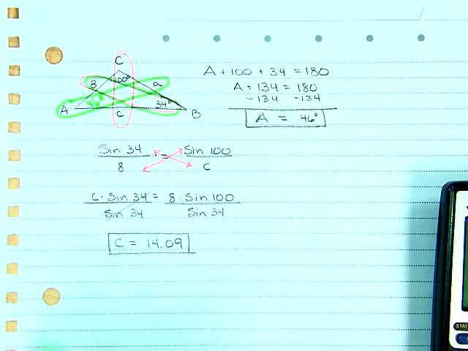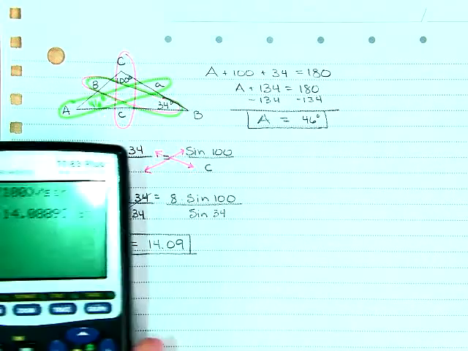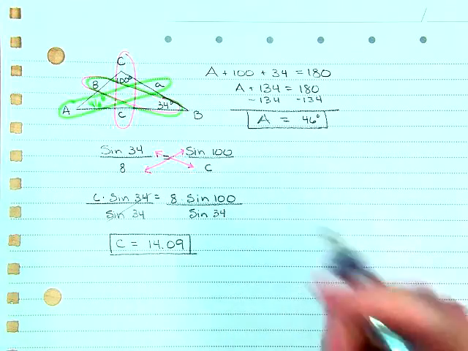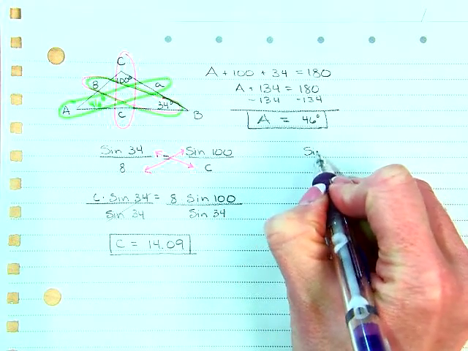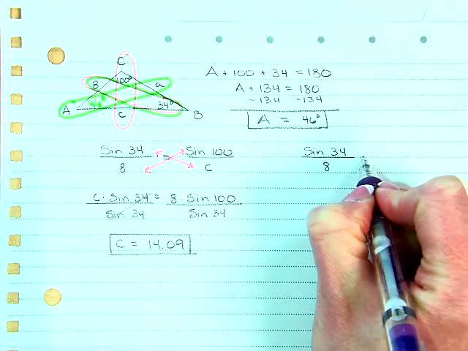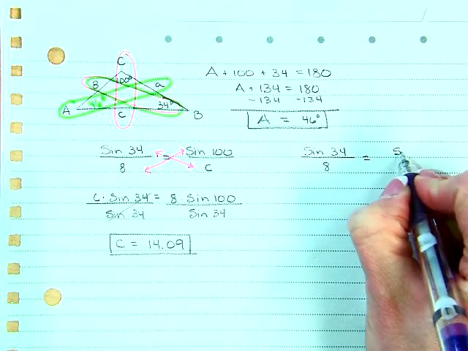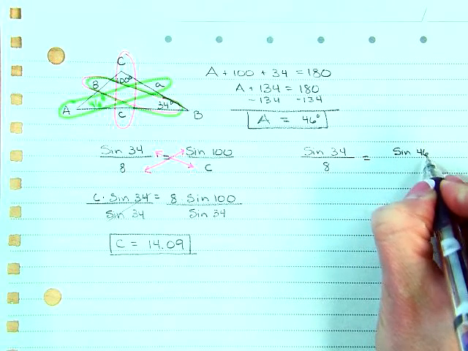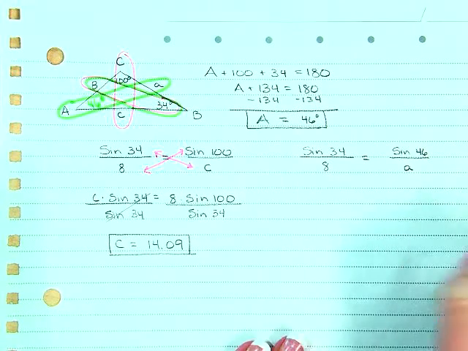And I maybe made a mistake on letter C or side C, so I probably don't want to use it unless I have to. So now I'm just going to set up a new equation, still using sine. 34 over 8 equals, but this time I'm doing sine 46 over side A. All right, so we cross multiply again.